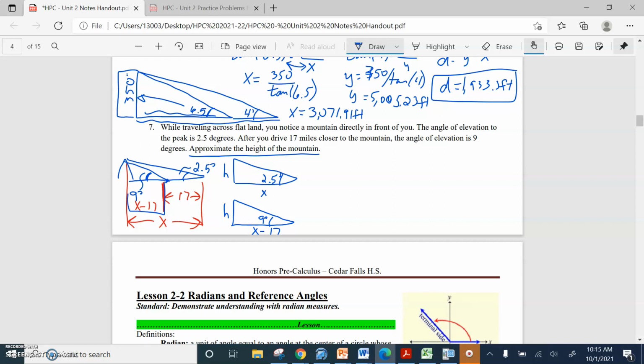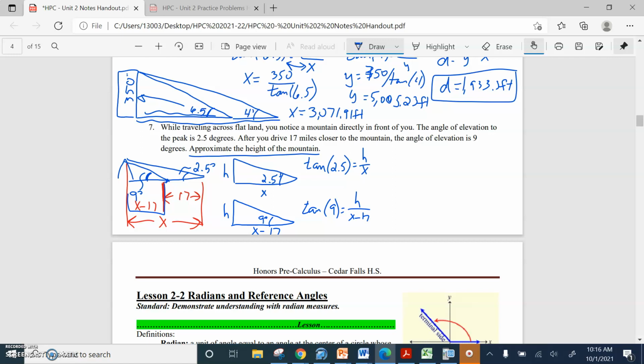Now we have two triangles. Let's write out their trig function relations. We have tangent of 2.5 equals h over x. Pretty simple. The other one here, tangent of 9 is h over x minus 17. So let's get x.